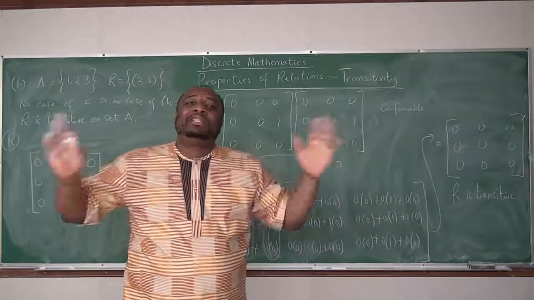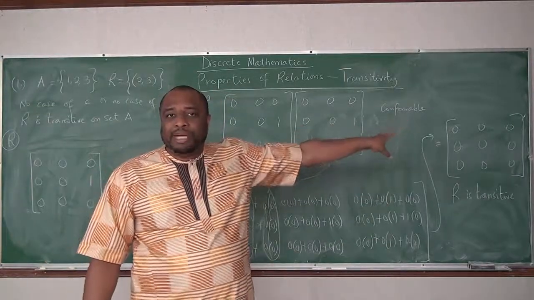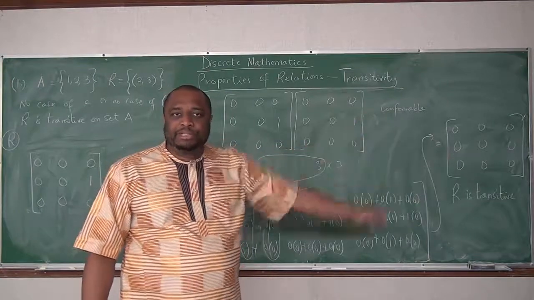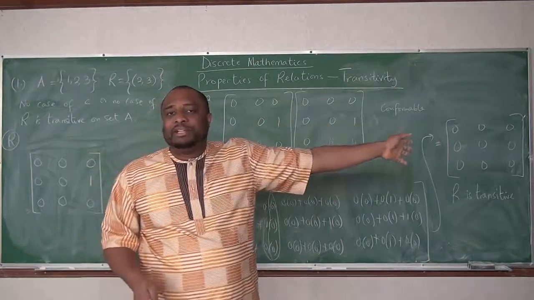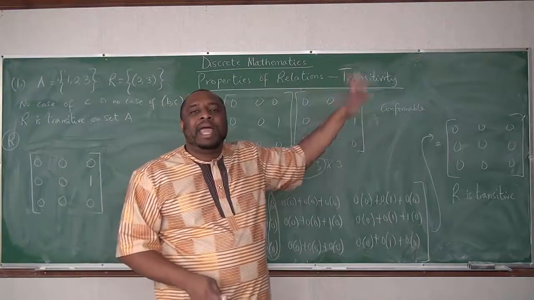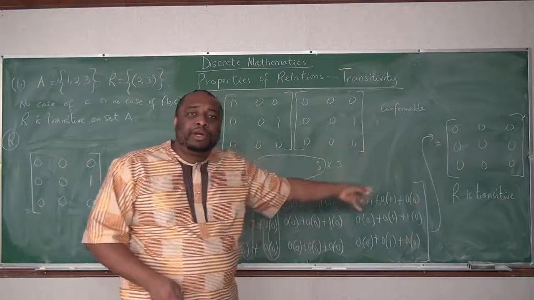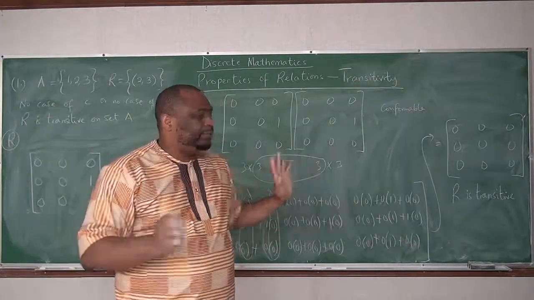If you don't have any non-zero elements when you square the matrix representing the relation, then the relation is transitive.